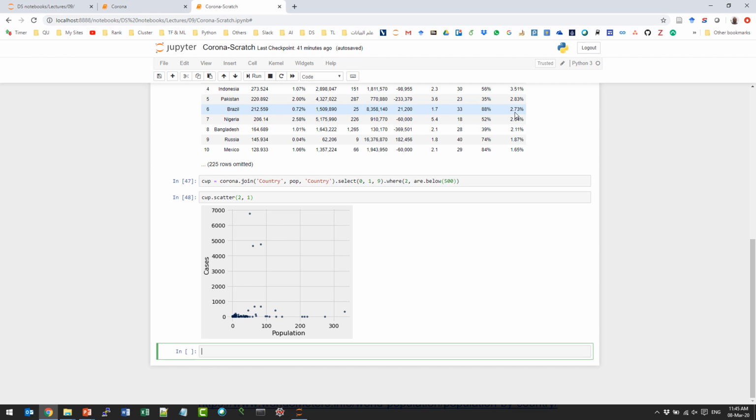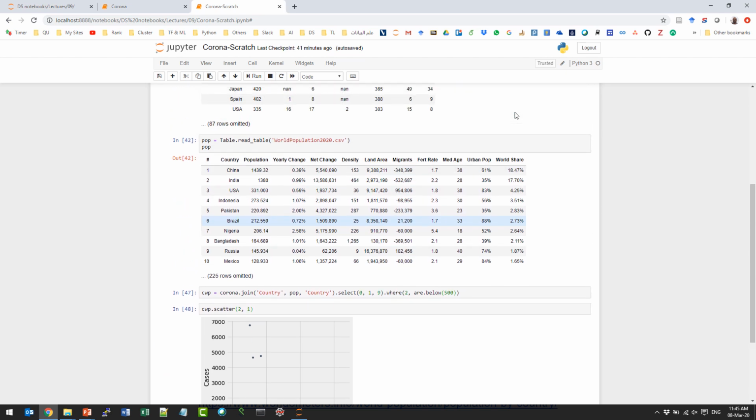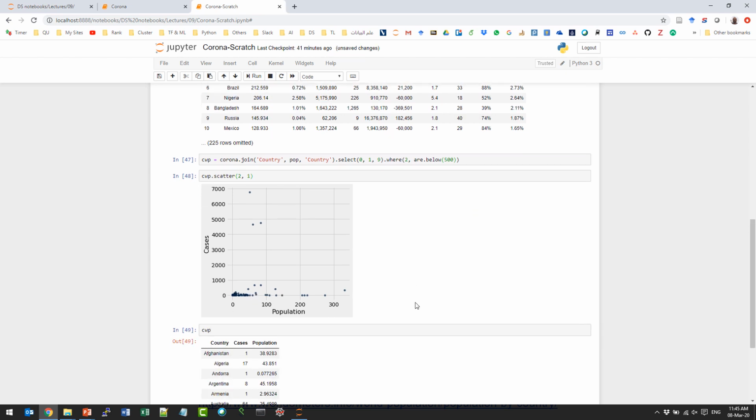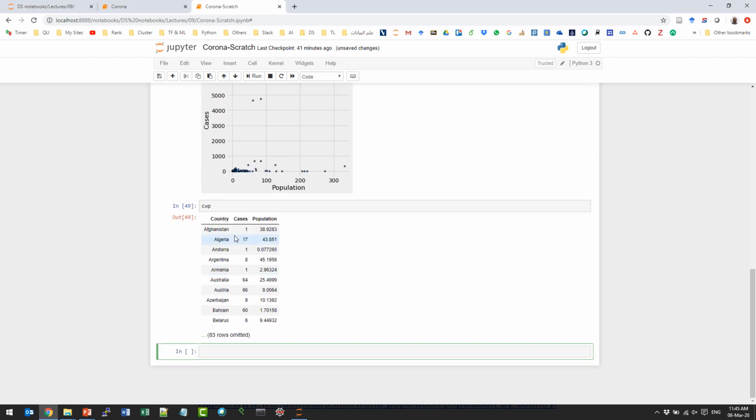Okay, now, how can we compute the distribution of these two things? How can I compute the distribution of cases? I have the CWP table, right? How can I convert these numbers into a probability distribution? I don't want to visualize them.